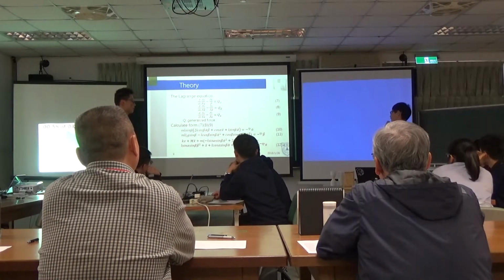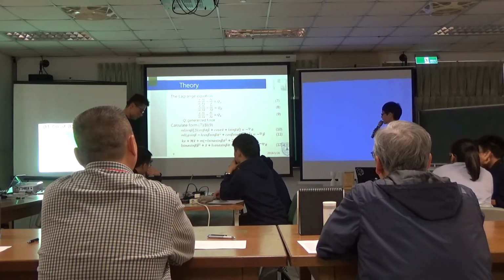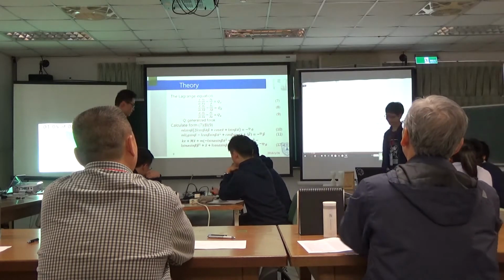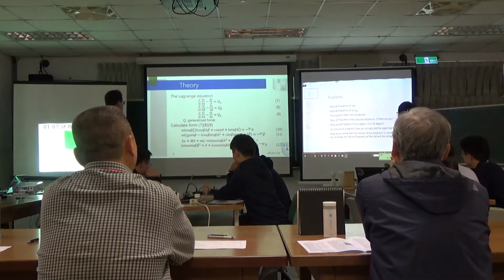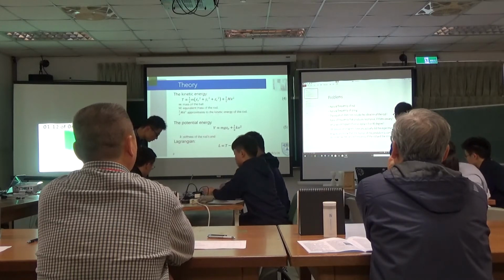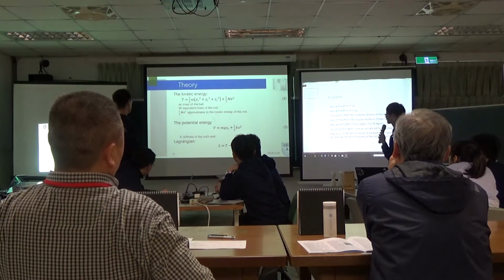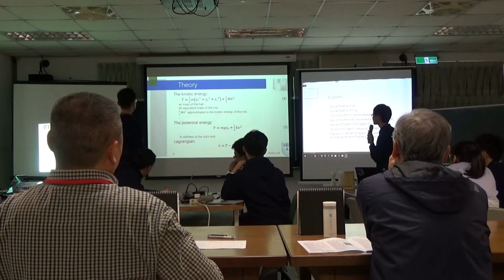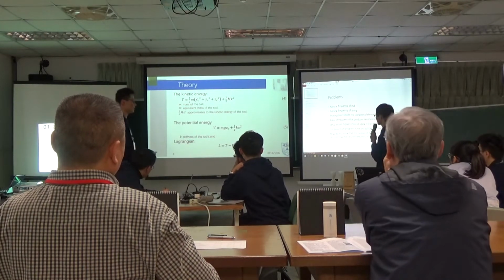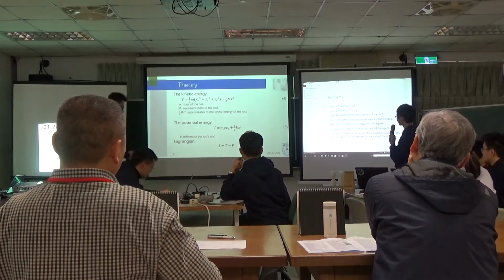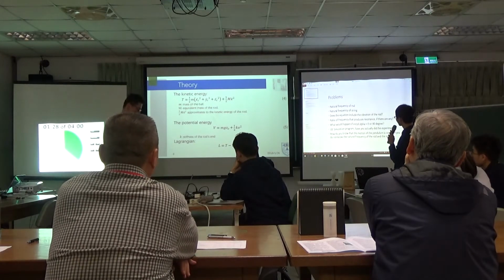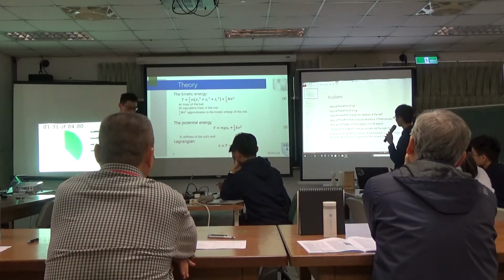So where are they? This is related to the mass of the ball and the stiffness of the rods, and so we can get this data. Okay, I understand.